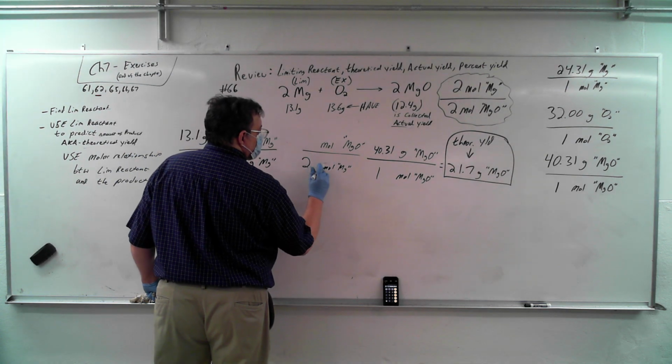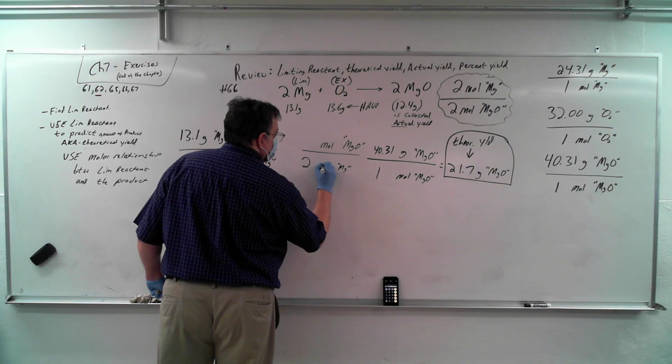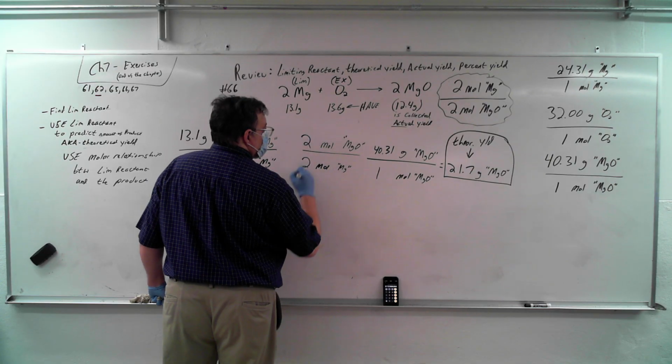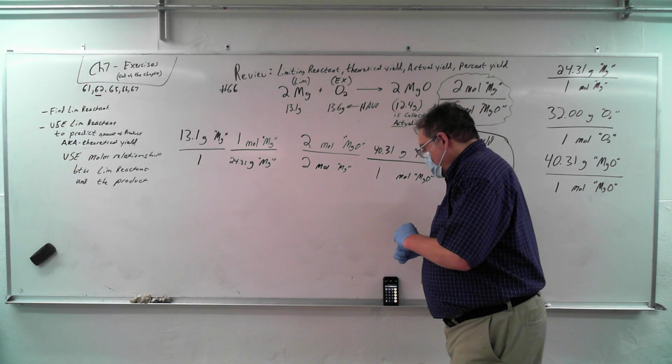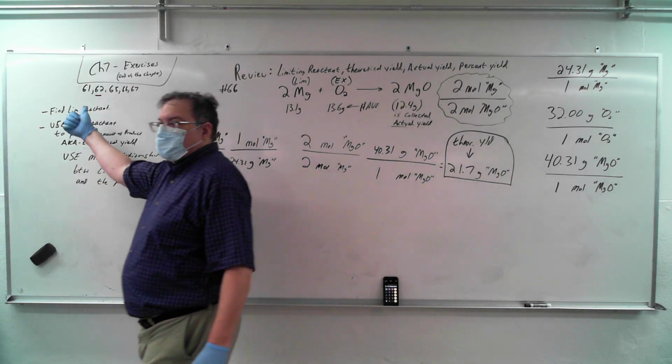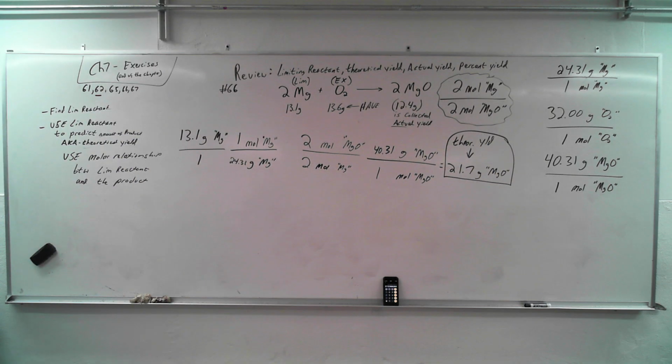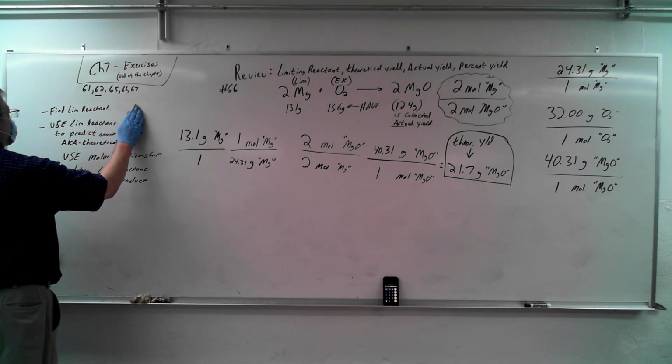And this was the molar relationship of 2 moles of Mg, 2 moles of MgO. Can I erase this? That's where I'll do the percent yield.